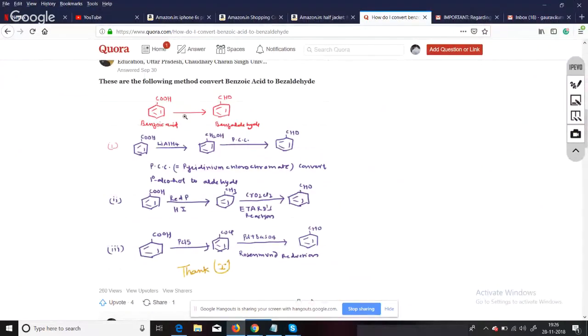Can you see this? See, benzoic acid to benzaldehyde conversion. If you use this LiAlH4, you'll get CH2OH. Then PCC converts it into this. Your question was, we have to convert benzoic acid into benzaldehyde without converting.